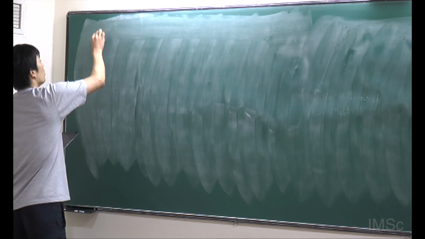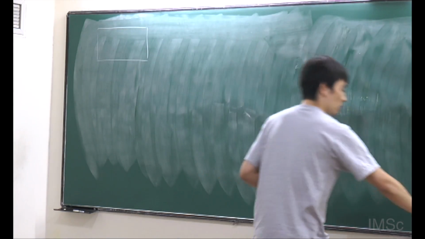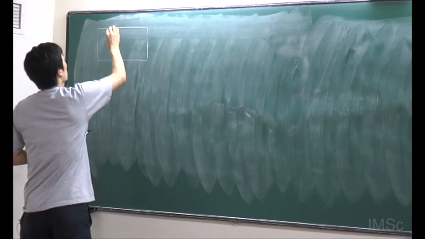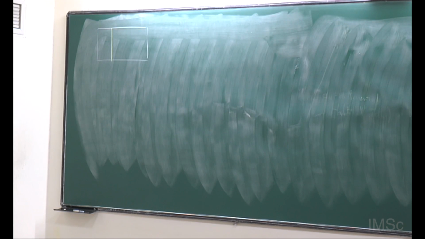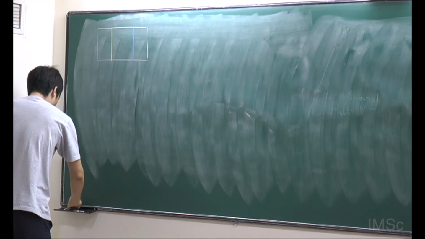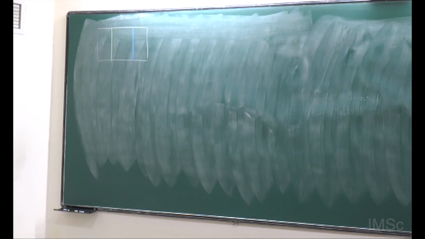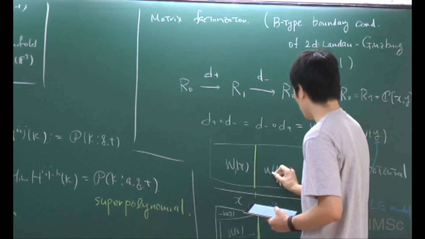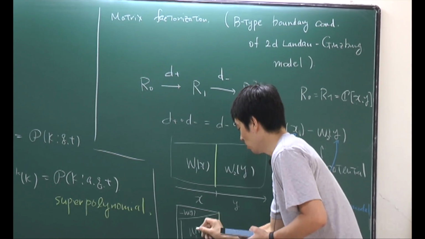Then, if you have two types of boundary condition, more generally, one can have different potentials W1 and W2.